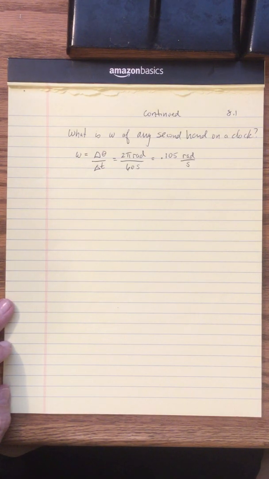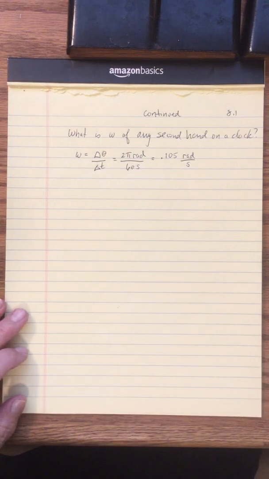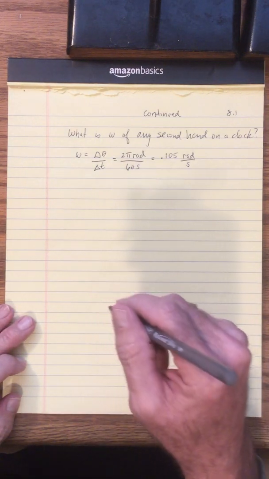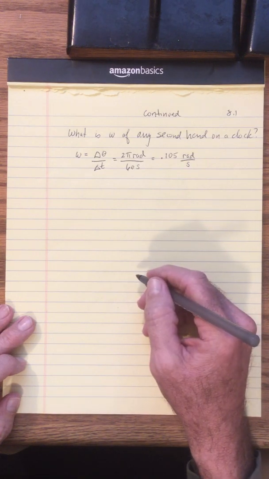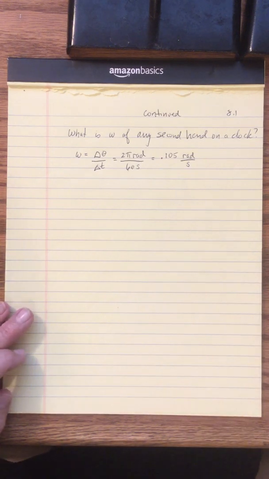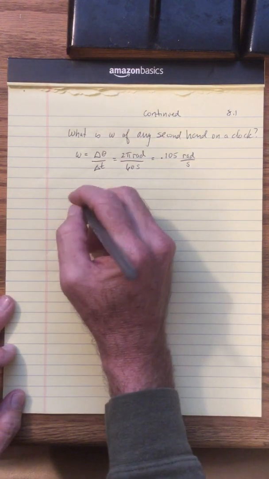So here's another question for you. Let's say that this is from our clock that is in the room, and it has a radius of 10 centimeters. What is the actual velocity of this going to be? So we have the tip of the clock.